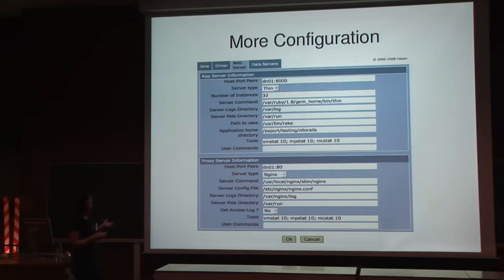We're going to run 32 of them. The starting port will be 8,000. And here we're saying we want to use Nginx, and what the port is. And then we provide all this other information again about how to start and stop those particular processes, and where to get the log files, where to get the configuration data and such like. And also, again, we can provide information about what tools we want to run.